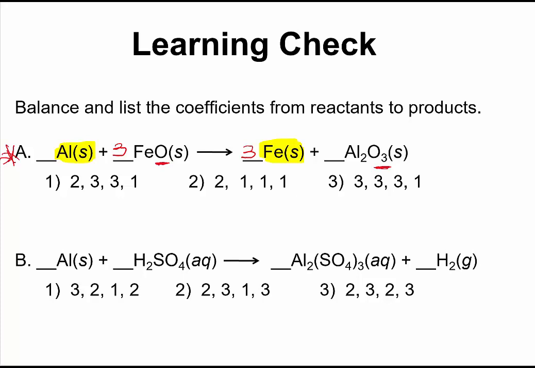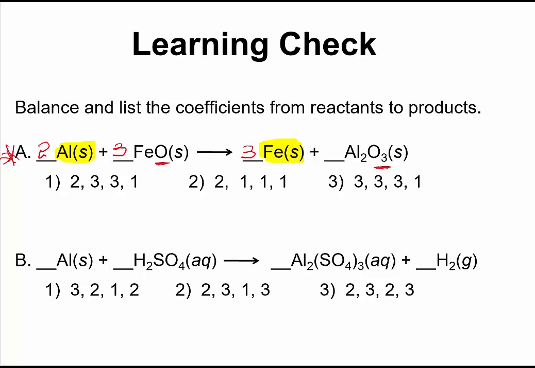Now we are down to aluminum. On the product side, aluminum has 2 atoms. So if we place a 2 as the coefficient of aluminum, now we have a balanced chemical equation.